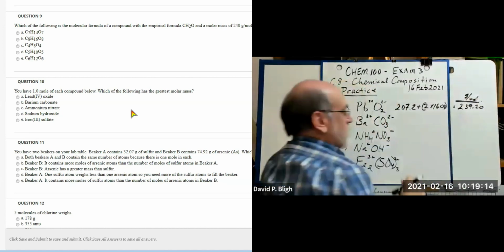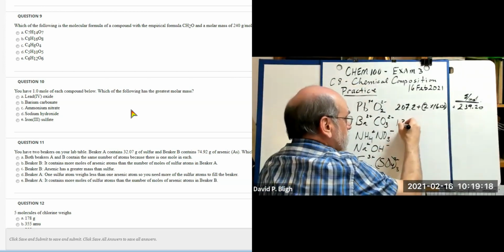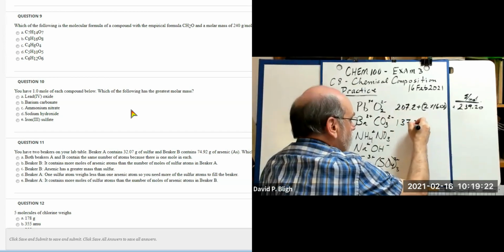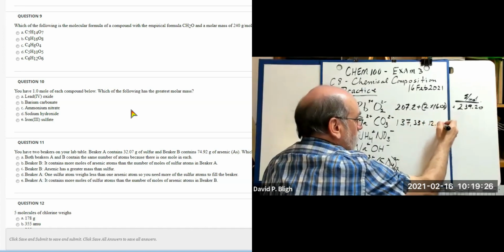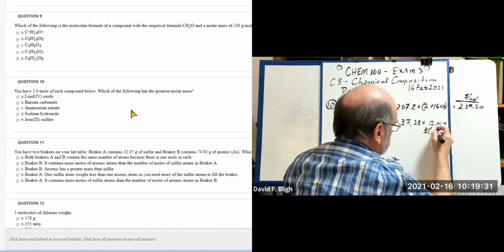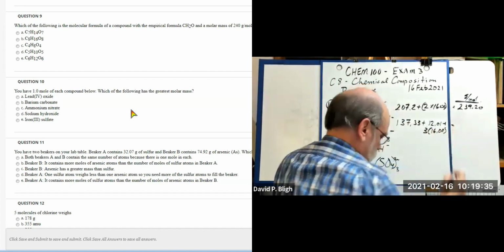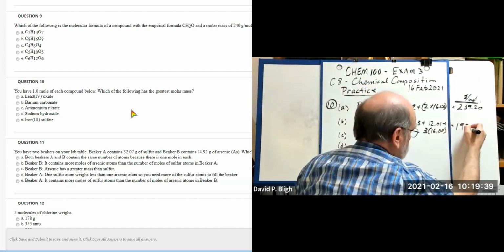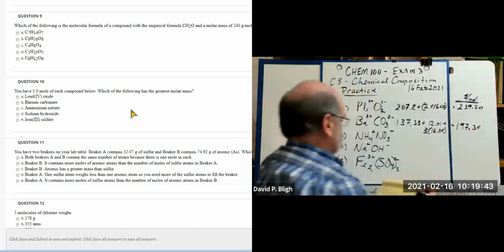Right. All of these are grams per mole. Barium is a pretty heavy one, not as heavy as lead. And then we have carbon, only 1 of them, but we have 3 oxygens. So that equals 197.34. Okay.